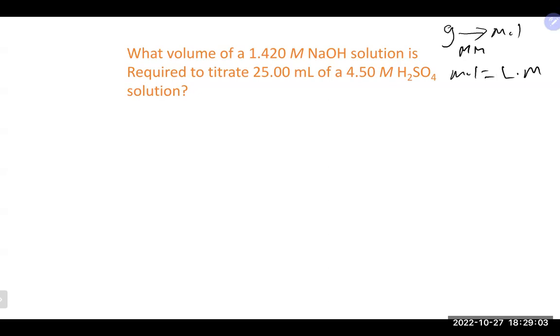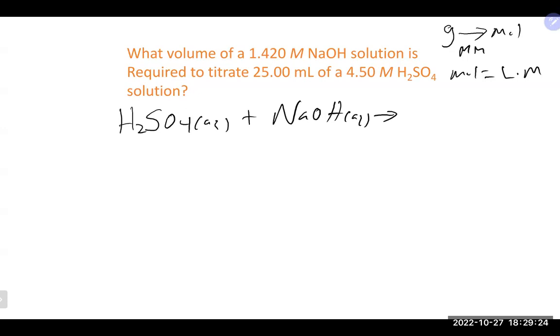So these still follow the same basic 4 steps for a stoichiometry problem, which is we need an equation. We'll start with that. That is sulfuric acid, which is an acid, going to react with sodium hydroxide, which is a base. When you mix an acid and a base, you get salt and water, right?